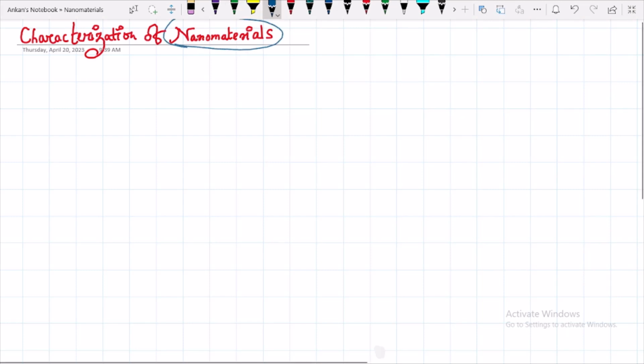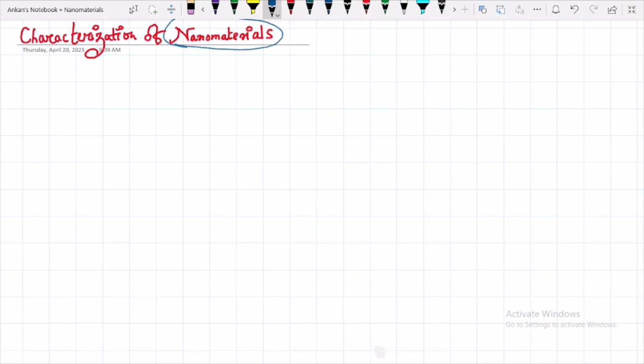Okay, so in the past few lectures we have studied details about what nanomaterials are and what is necessary for studying them, and how we can apply these nanomaterials in our daily life, which helps with many of our necessities.